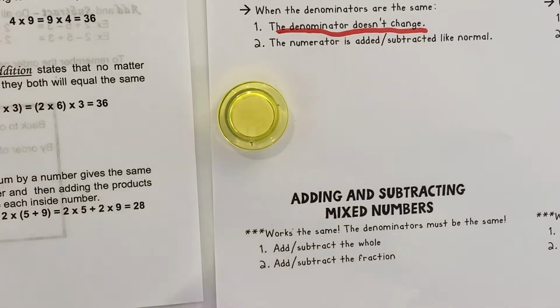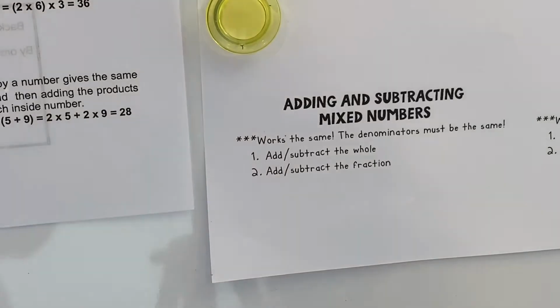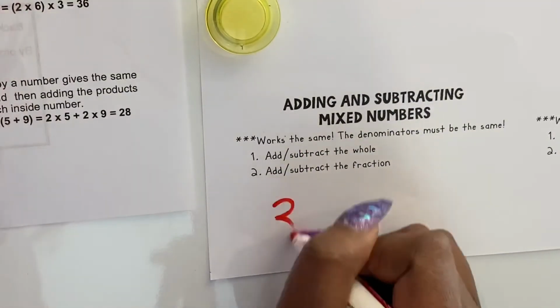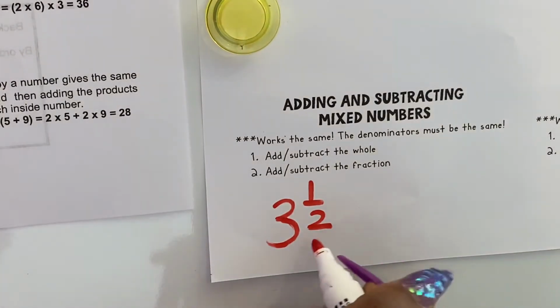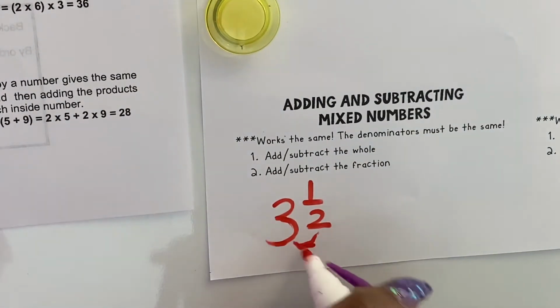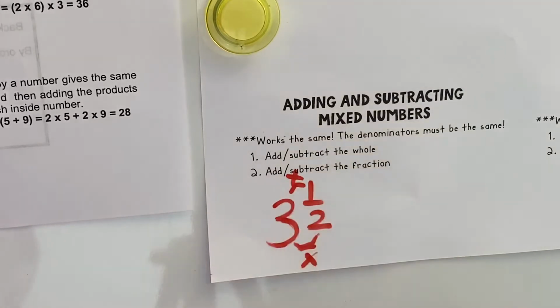So remember, we did that where we had, let me see if I can move the camera down a little bit and give you an example. So example, if I had 3 1/2, I'm going to multiply this and add this.